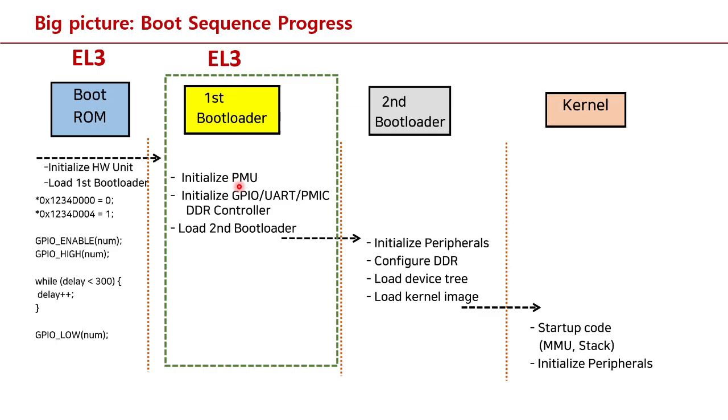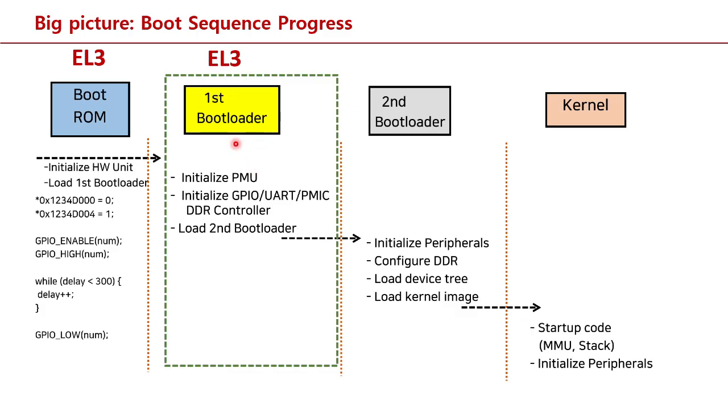So we initialize the PMU and fundamental basic units such as GPIO, UART, PMIC, and so on. At this stage, even the DRAM is not initialized, so most chips describe that the bootloader is running at the on-chip memory instead of the physical DRAM.